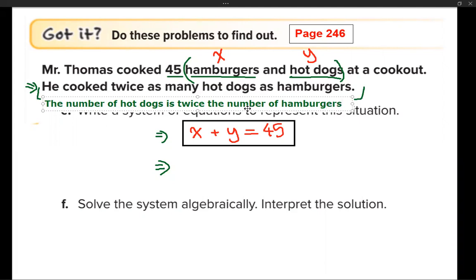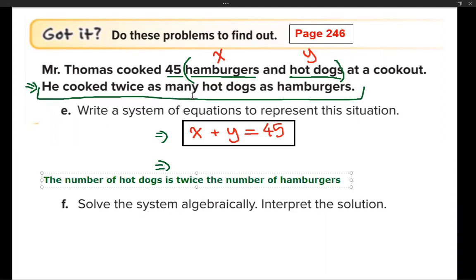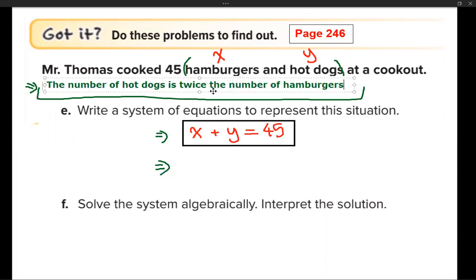Okay, so the meaning of this statement, he cooked twice as many hot dogs as hamburgers, is that the number of hot dogs is twice the number of hamburgers. Okay?